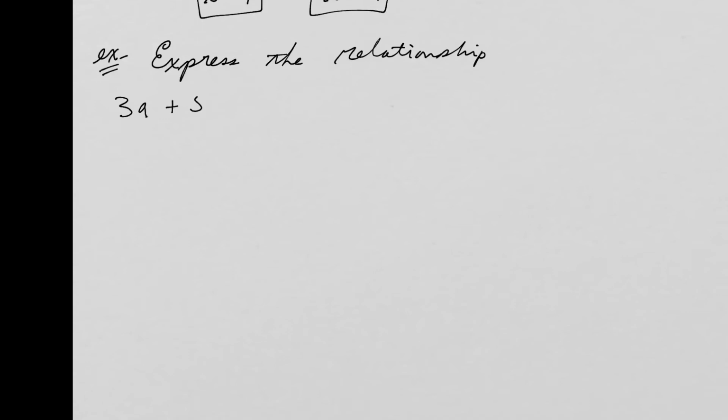Express the relationship 3a plus 5b equals 7 as a function. In particular, I want to write b as a function of a, if possible. Because it may not be possible.